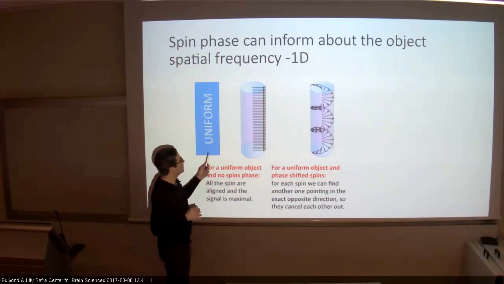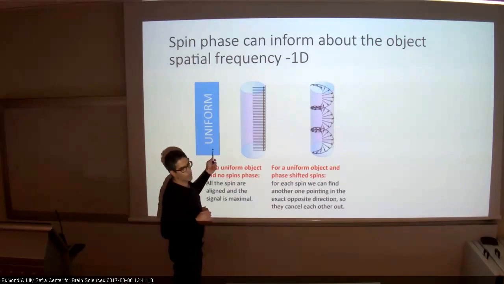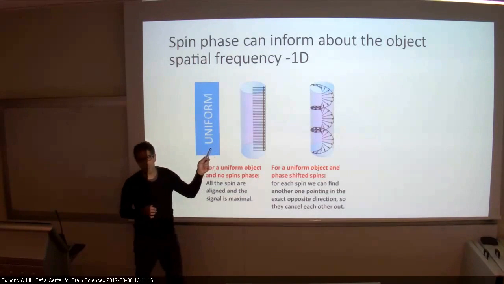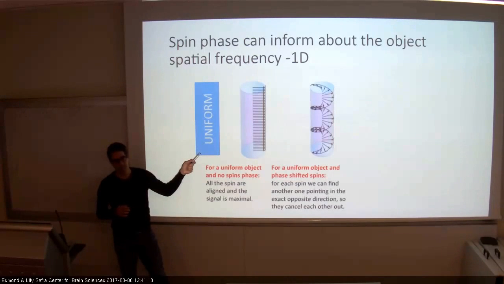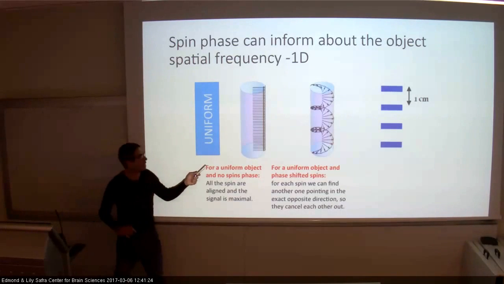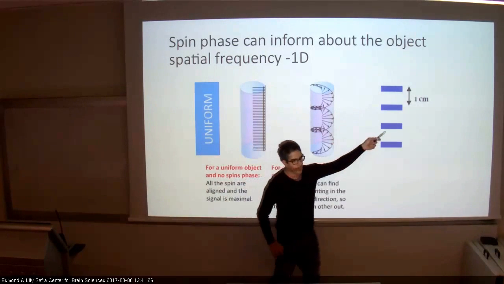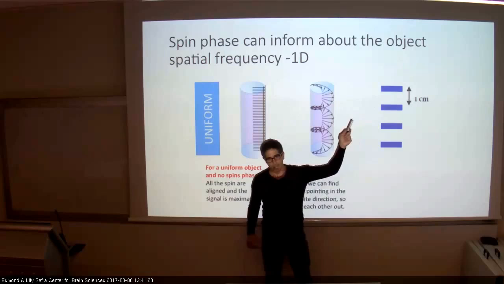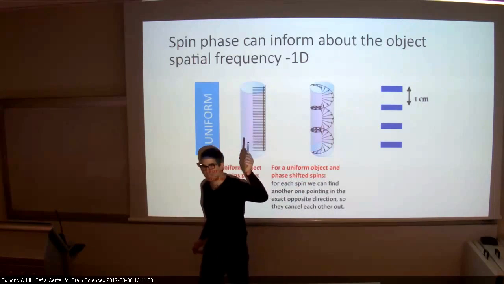And I want to argue that this has to do with the frequency in space of this object. That's a key point for me, because if I would have something which has a different frequency in space, what would happen then? Things will be cancelled.